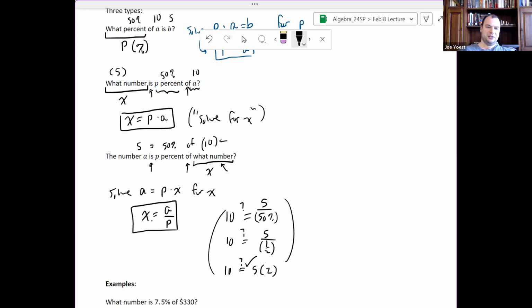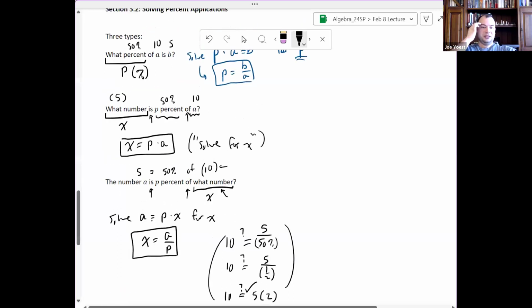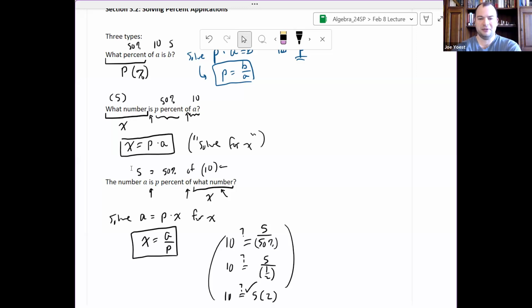When I'm choosing a special case, I want to choose one that's fairly easy. I don't want something like 375 is 37.5% of 1,000, crazy numbers. But I also don't want something super easy, like 100% of 1. That's a little too simple to act as a good check. So there is a little bit of artistry in choosing a good special case.